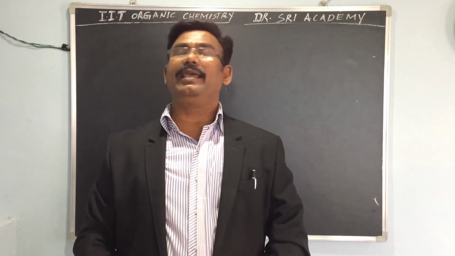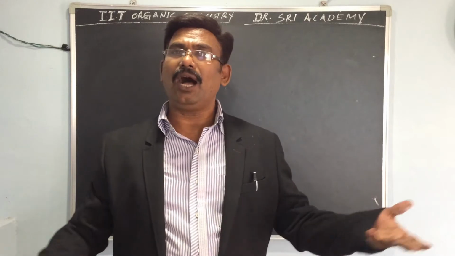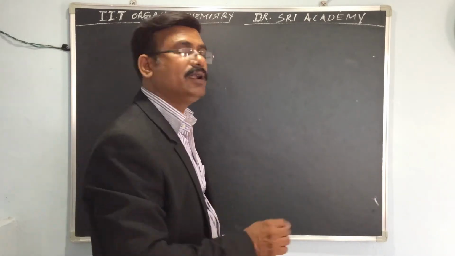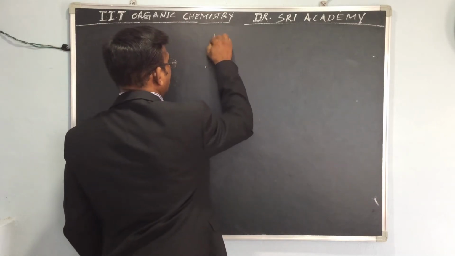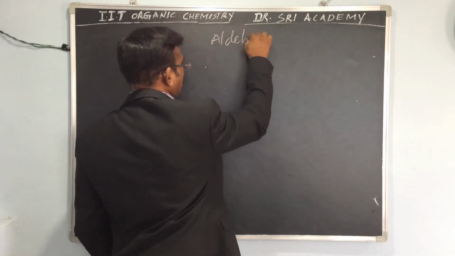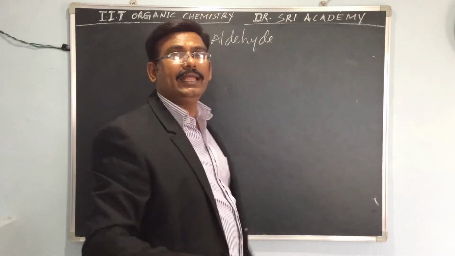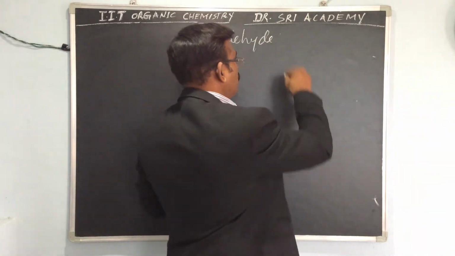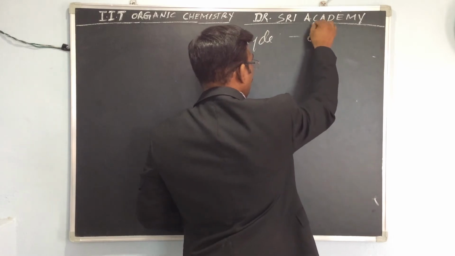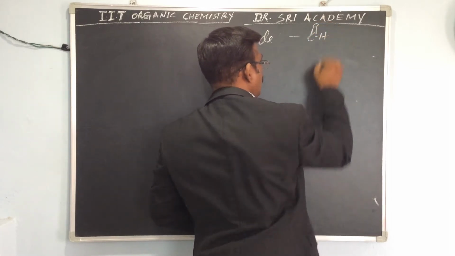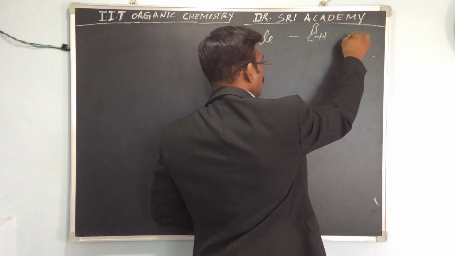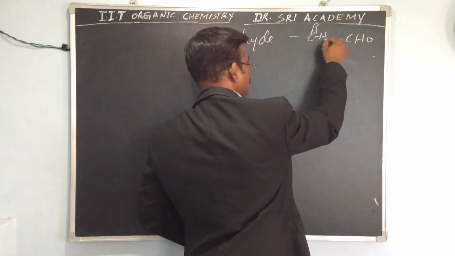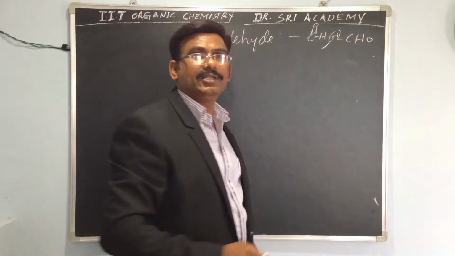The prefix is the same as for ketone, oxo, but the suffix changes. Aldehyde is the CHO group, C double bond O with H, not the ketone group.